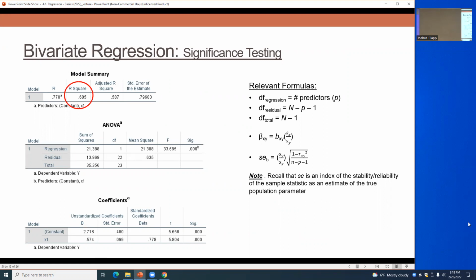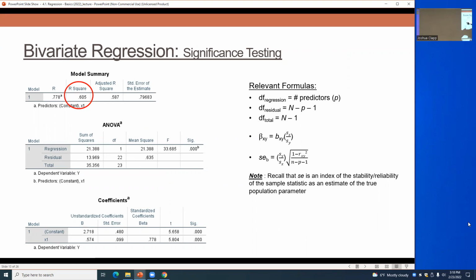In this case, it's just one predictor, right? So what is that R value equal to if I only have one predictor? Just like a correlation. Yep, this is just my Pearson correlation, the bivariate case.